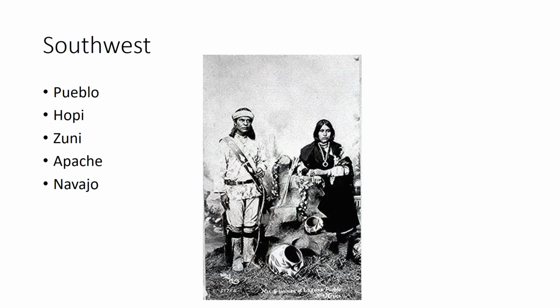All right, well, let's start with the desert Southwest, where you have Puebloan peoples such as the Hopi and the Zuni, and Athabascan peoples such as the Apaches and Navajos, and there are many different bands of Apache.